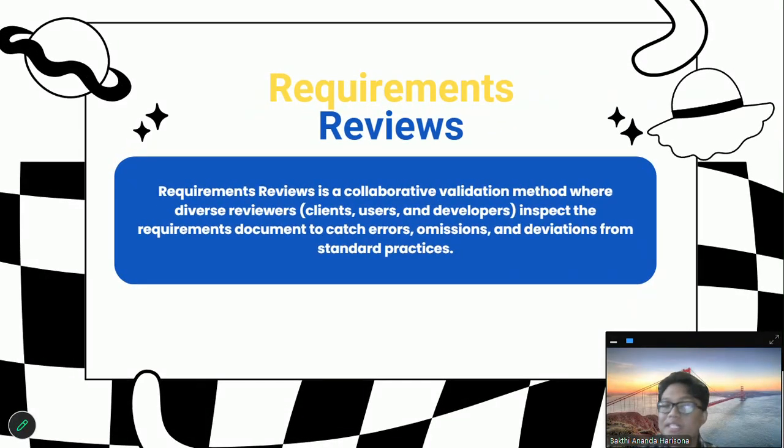First one, we need to understand what is requirements review. Requirements review is a collaborative validation method where diverse reviewers, such as the clients, the users, and the developers themselves, inspect the requirements document to catch errors, omissions, and deviations from standard practices.